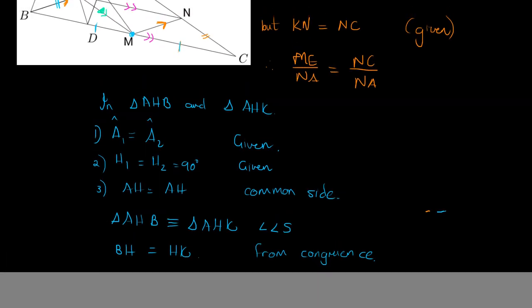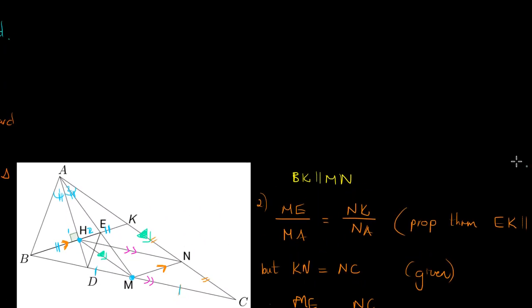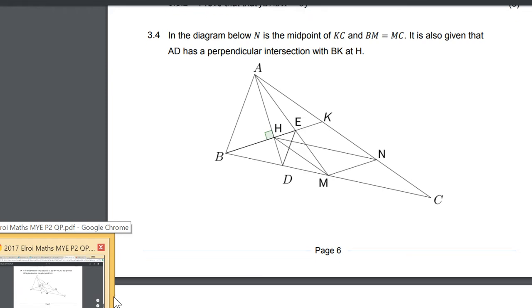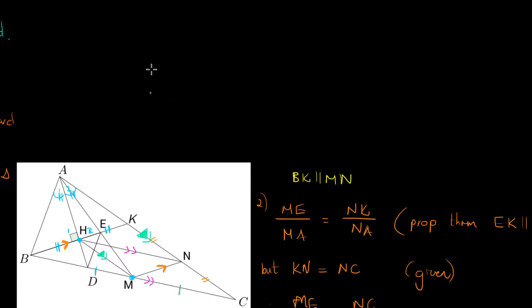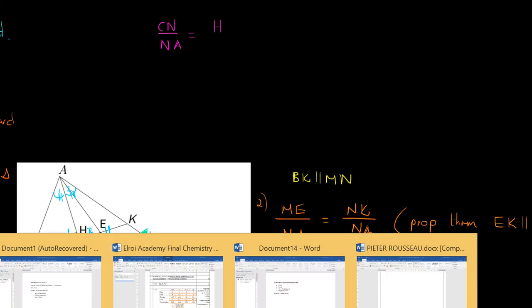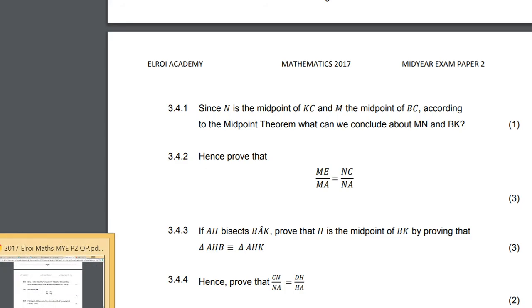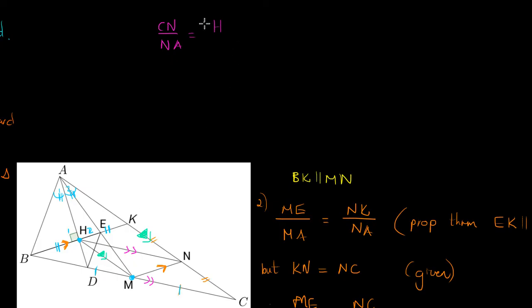So to prove, I'm going to work up here. And the one thing I hate about these is I kept forgetting CN over NA and DH over HA. So CN over NA and DH over HA. There we go.